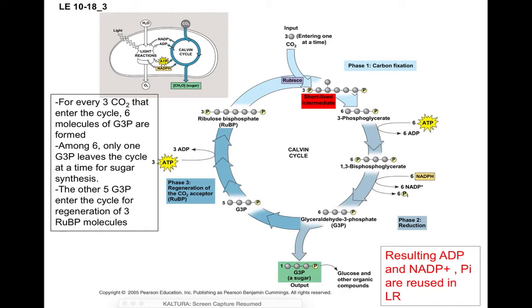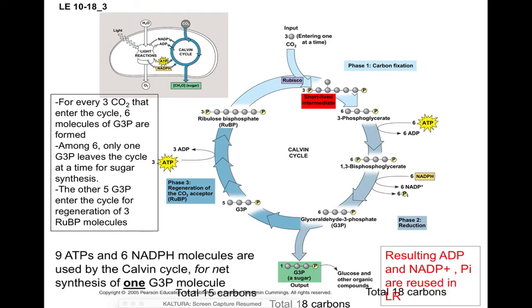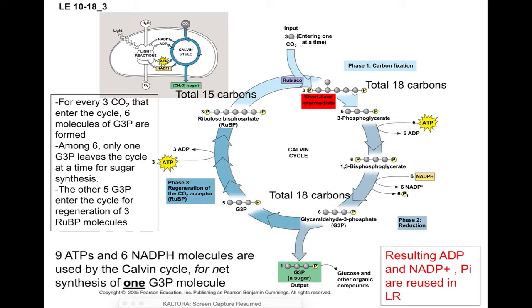That is why we need to add fertilizer to plants, right? Okay. This is one of the questions on the quiz and on your online quiz, where we talked about 9 ATPs and 6 NADPHs being used by the Calvin cycle for synthesis of 1 G3P only, isn't it, guys? Yes.